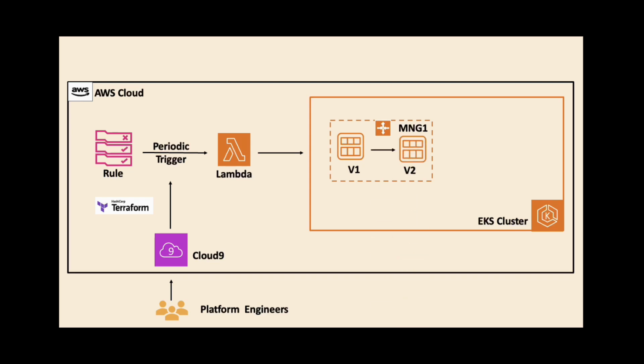So it's a simple logic: look at the current release version of the AMI in the EKS cluster for the node group, then check the latest from the SSM parameter store, and if there is a mismatch, you do an upgrade. The same applies to all the managed node groups in the cluster. So this is what the Lambda does for every cluster in the particular region and account. So this is the layout of the demo. Now let's go to the code.